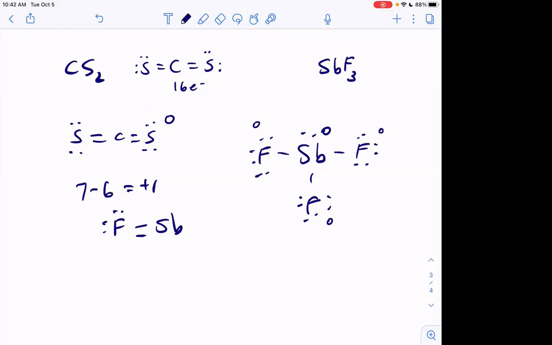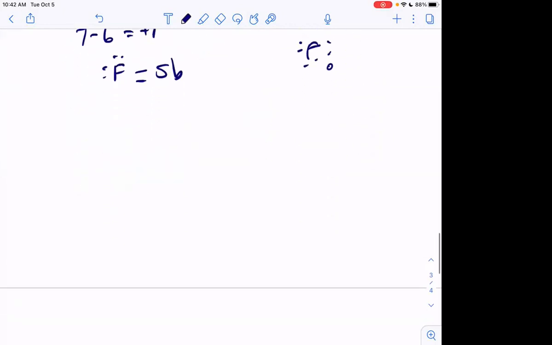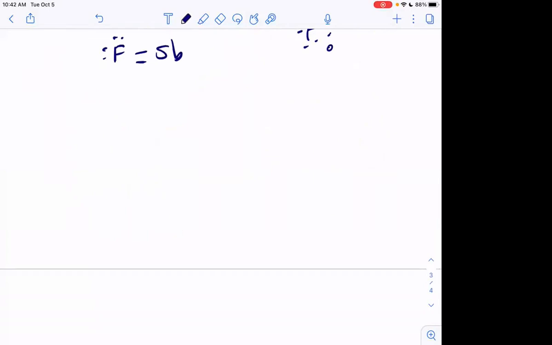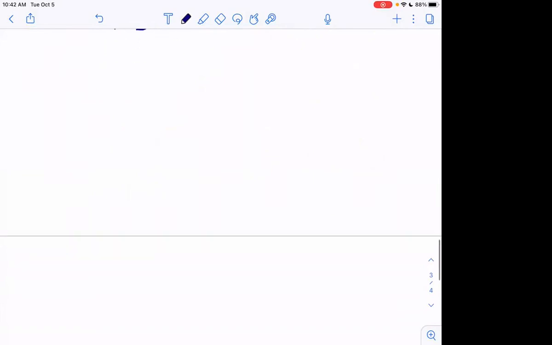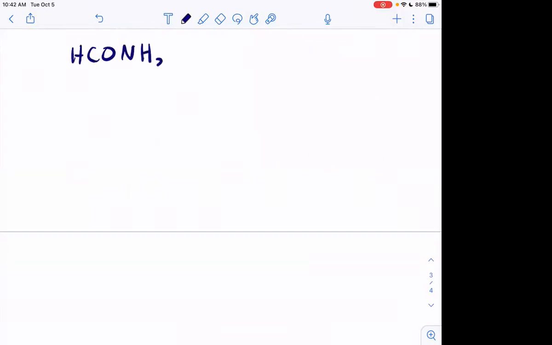Questions on that one? Okay, I have one more. This one's a little bit bigger molecule. But I've been nice and written it in a way that lends you to the structure a little bit.